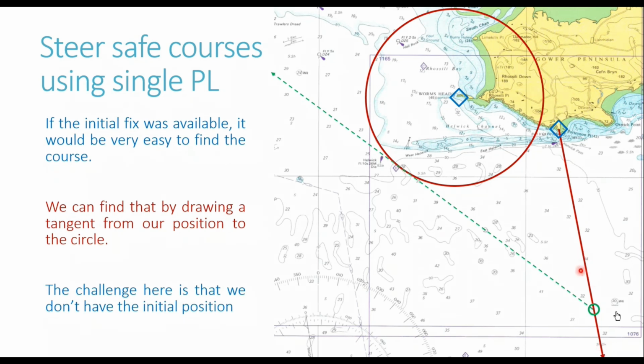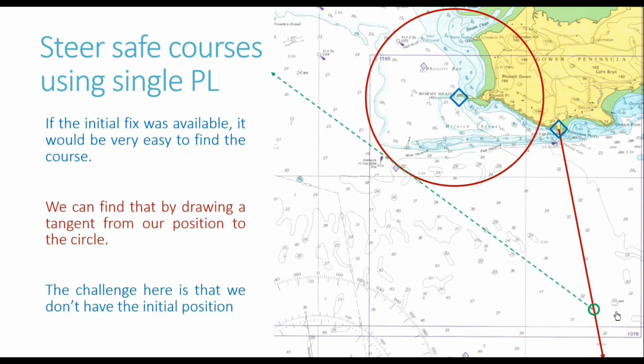If our position was somewhere here, the course would be like this. If our position was somewhere here, the course would go like this. And if our position was somewhere here, the course would be different. So let us see now, how do we obtain the safe courses when we do not have our initial position?